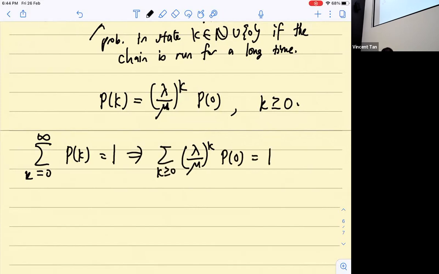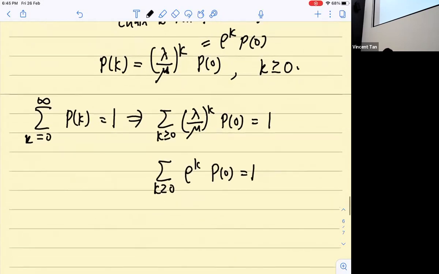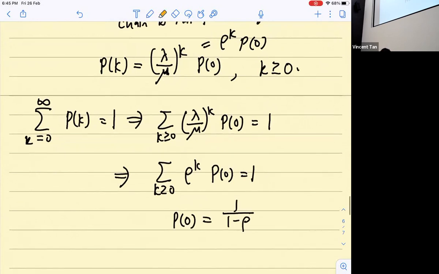It's equal to 1. I'm going to use rho to denote lambda over mu. So now the sum over k greater than or equal to 0 of rho to the k times p0 equals 1, and by the geometric series formula, this is 1 over 1 minus rho. Rho is this quantity here, so that I don't have to write so much.